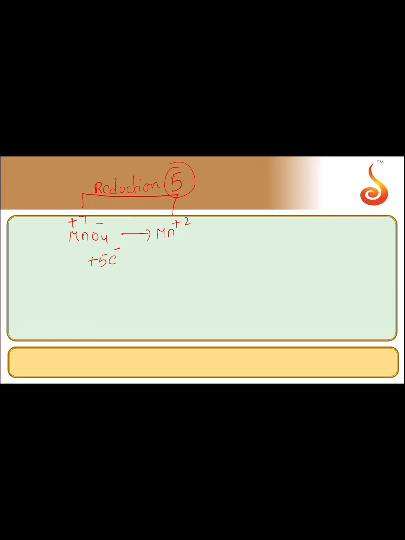So now based on this, we can understand that for 1 mole of KMnO4 to undergo reduction, it requires 5 into 96,500 coulombs of charge. 5 Faradays is required, and 1 Faraday is 96,500, so I am considering that as 5 into 96,500 coulombs.